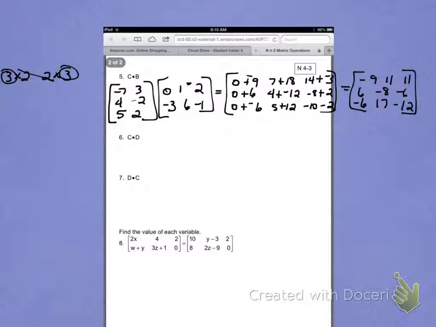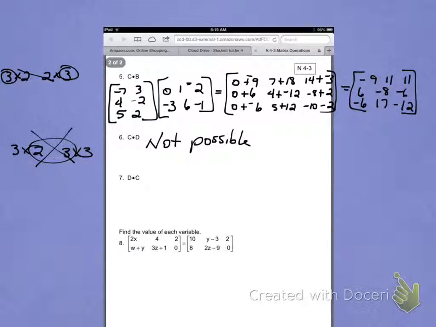C times D. Well, let's look at our dimensions. C is a 3 by 2, and D is a 3 by 3. These numbers don't match, so C times D is not possible.